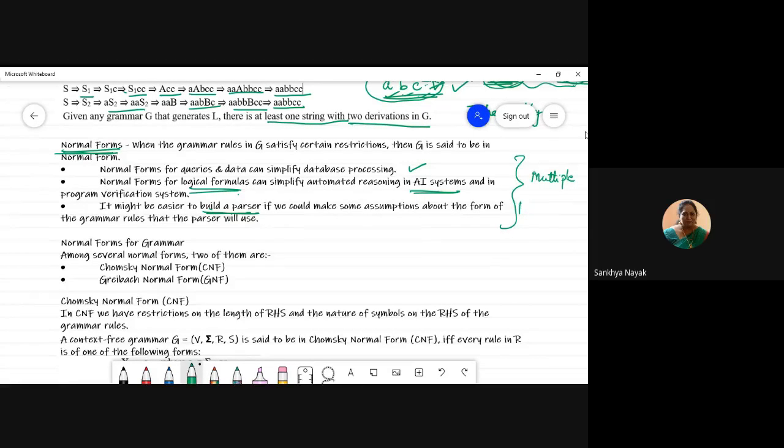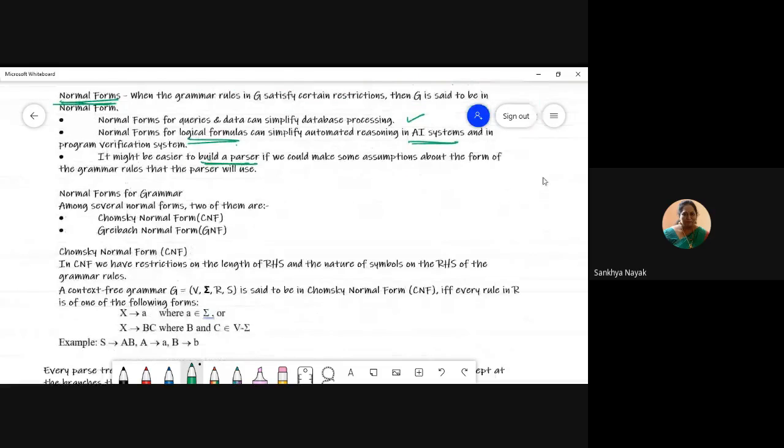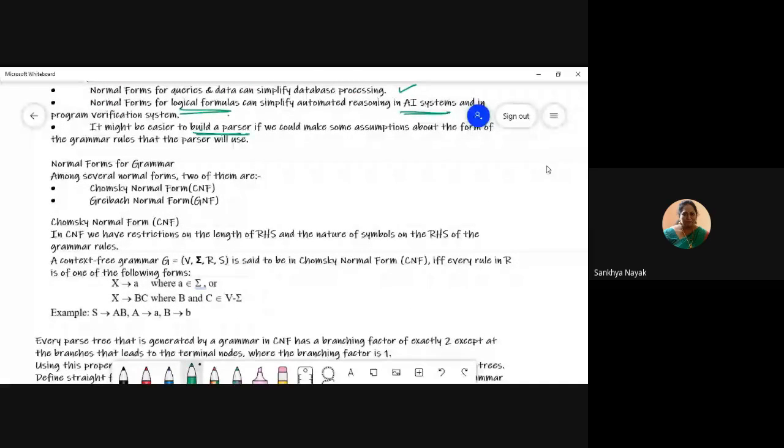Okay. So CNF is very easy, right? Normal forms, there are many, okay? And for you, we'll talk about CNF and GNF, that is, Greibach normal form and Chomsky's normal form. What does Chomsky's normal form say? Very simple.